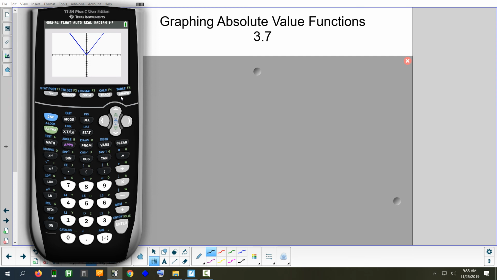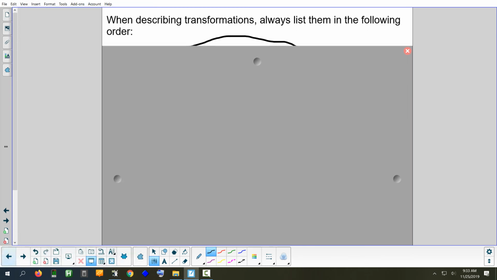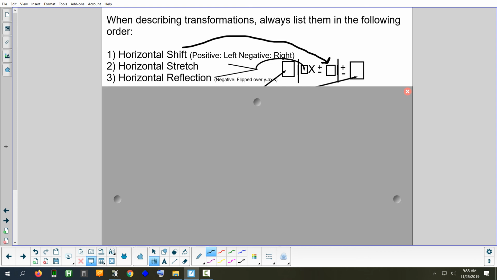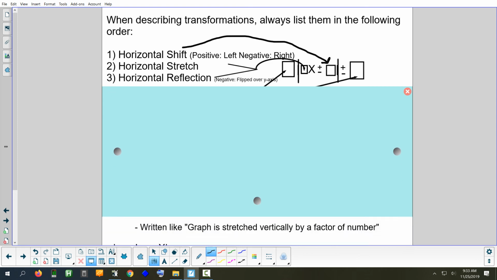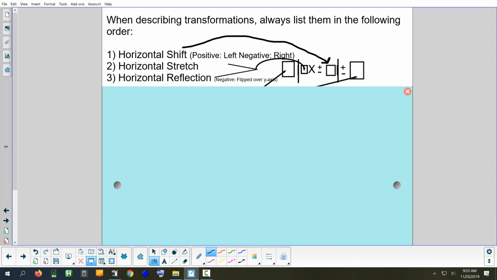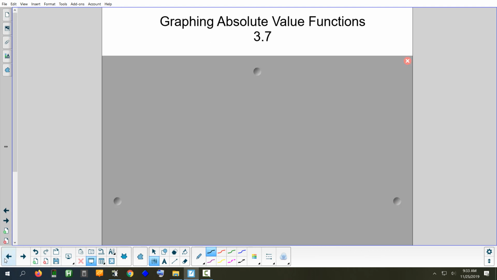When we get to it, I've got a chart that tells you where you put each number and what's going to happen if you put the number in that spot, inside or outside. This little chart is what you're going to need when you do the take home.